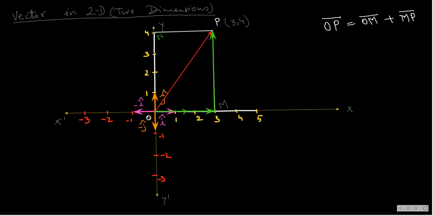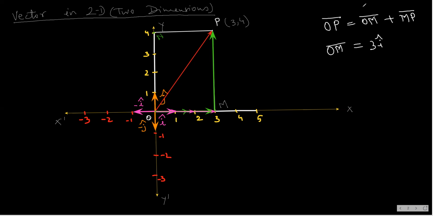So if I manage to have 3 i caps, I'll be getting the vector OM bar. This is 1 i cap, this is 2 i cap, and this one is 3 i cap. So 3 i cap is nothing but OM bar. OM bar is 3 i cap.